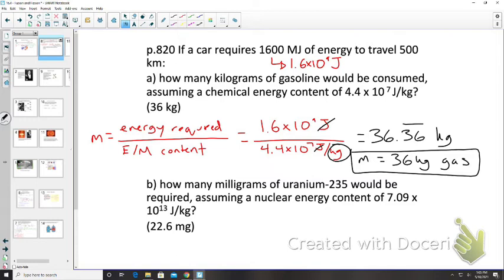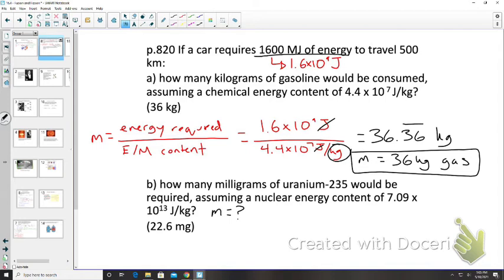So for the second one, we're asked what is the mass? How many milligrams of uranium-235 would be required, if we are assuming that we are going through the same amount of energy required?